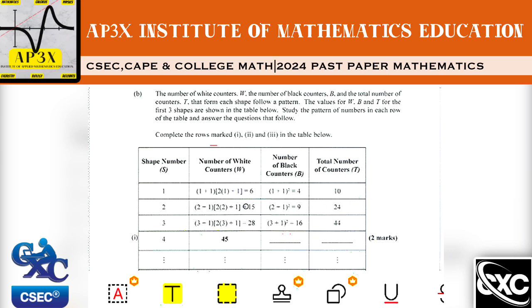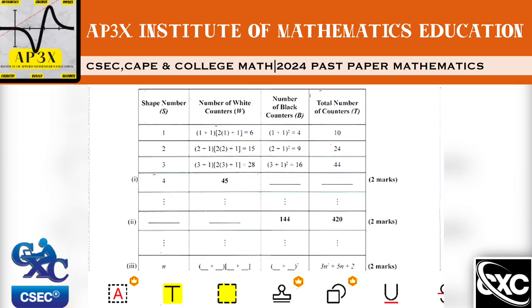There's a sequence here that we need to study. We should study the pattern of numbers in each row of the table and answer the questions that follow. We are to complete the rows marked in the table below.